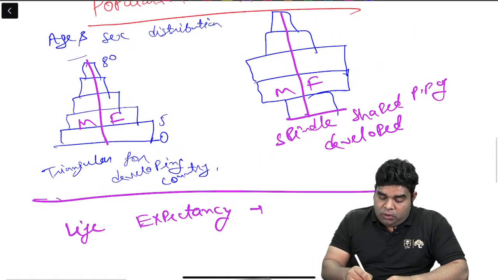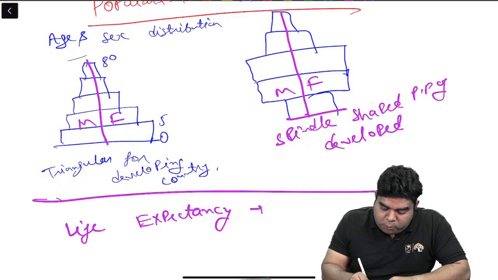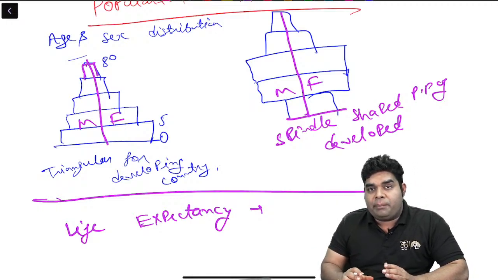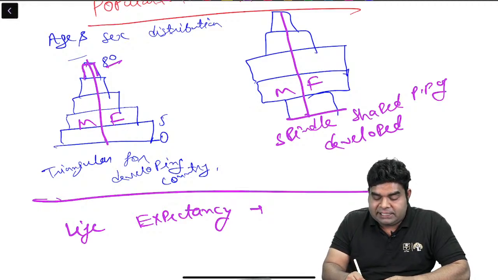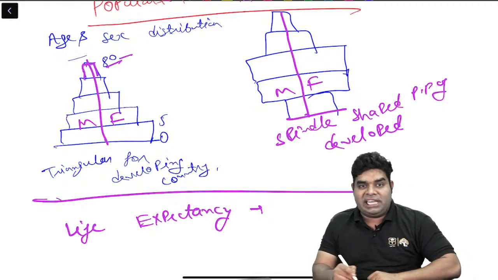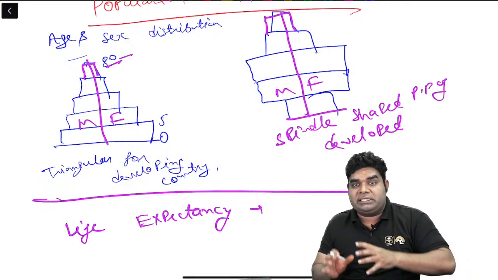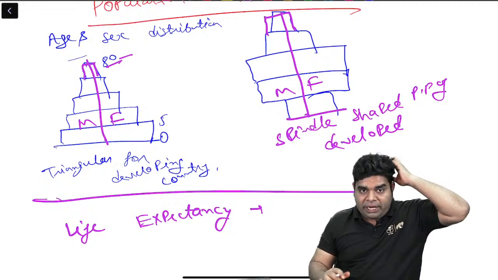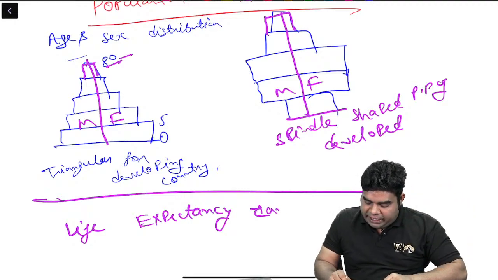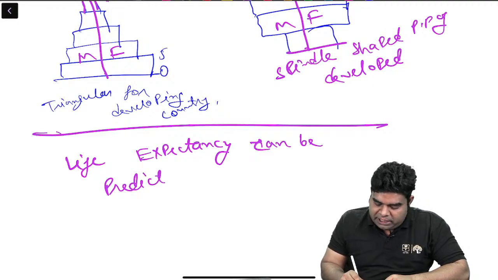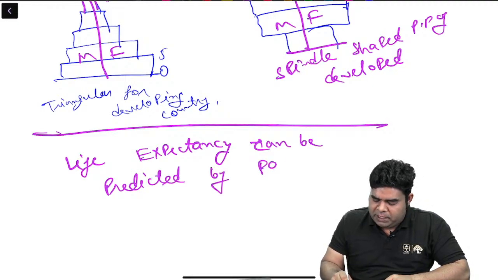Now, when you see that there is less population at the upper end, it means the life expectancy, let's say, is till 67 or 70. But if it is still broader at the end, it means the life expectancy is bigger. So life expectancy can be predicted, not exactly calculated, but predicted by the population pyramid.